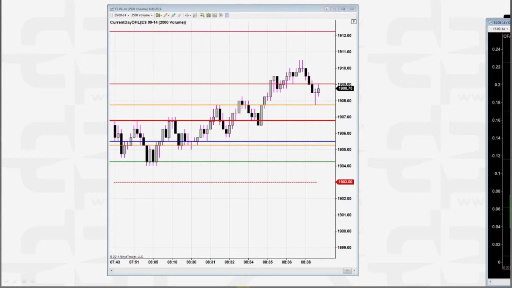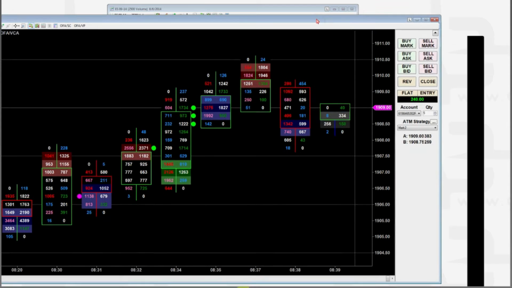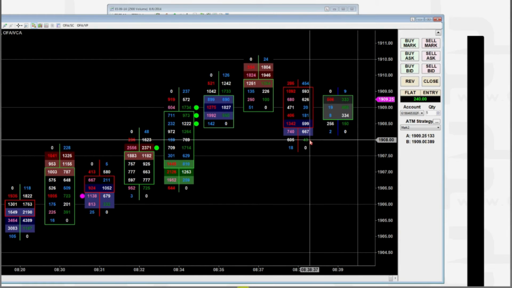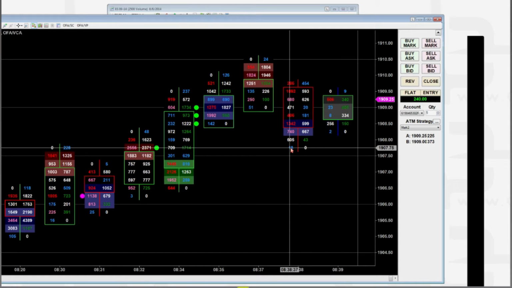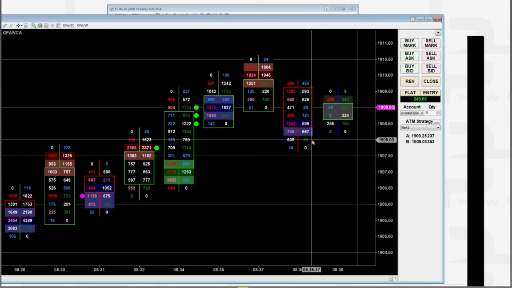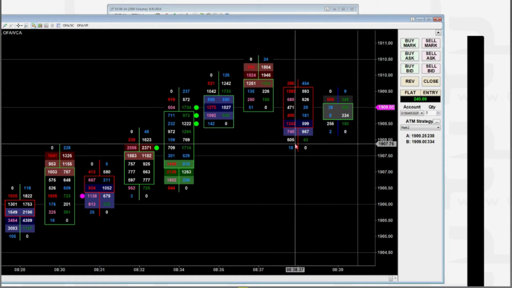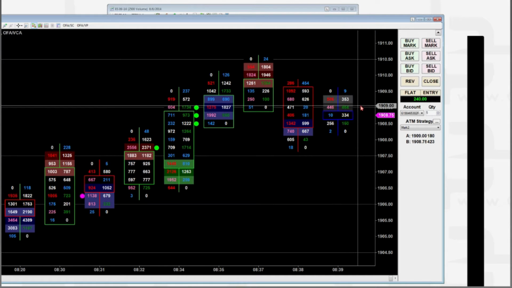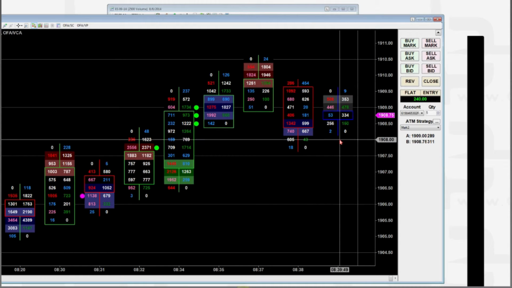And again, the way you would do this is there's the print. We're getting weakness right at that level. Buying coming back, you'd be long, right? Long, got the setup, and now I'd be looking for at least 0975.